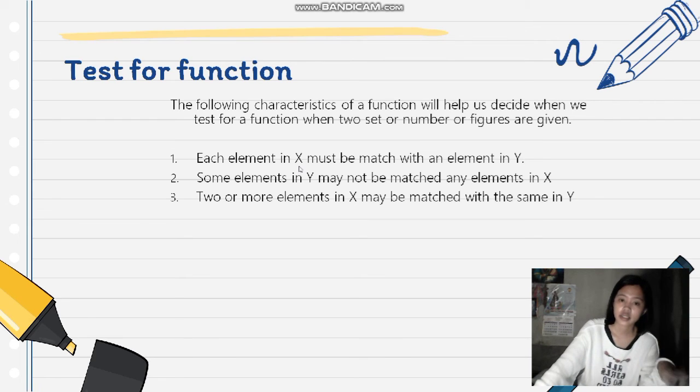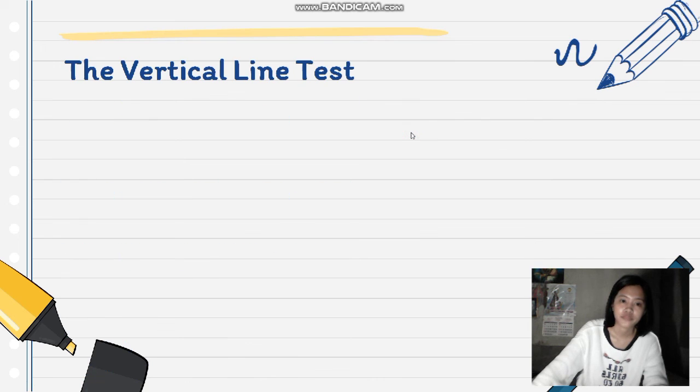Sabi daw, each element in x ay mamamatch sa element ni y. Some elements in y may not be matched, so yung elements daw ni y, pwedeng hindi mamatch sa element ng x. Yung 2 or more elements ng x, pwedeng i-match sa same ng y. Yan lang sa test for function.